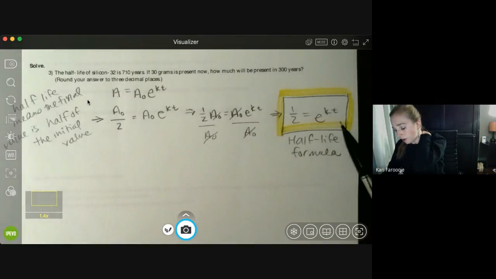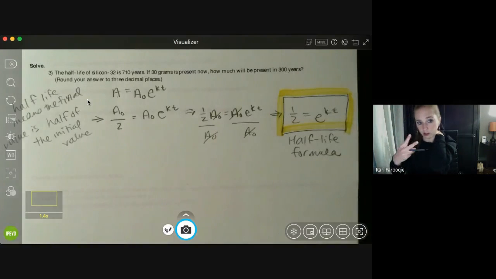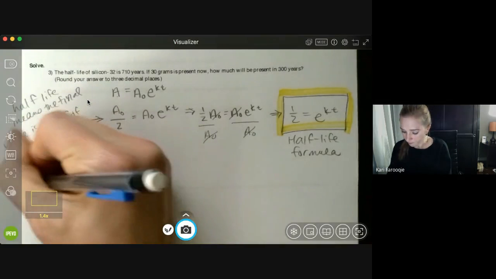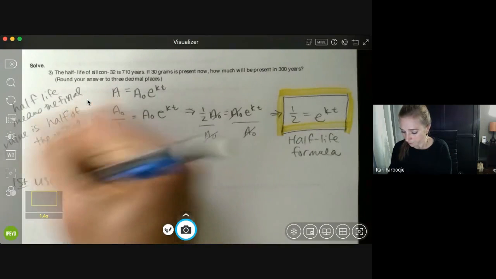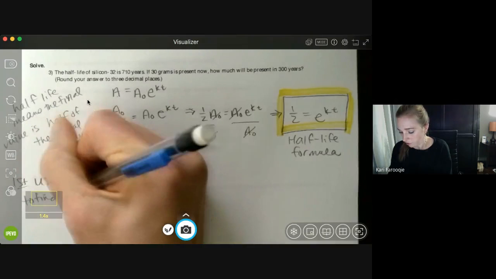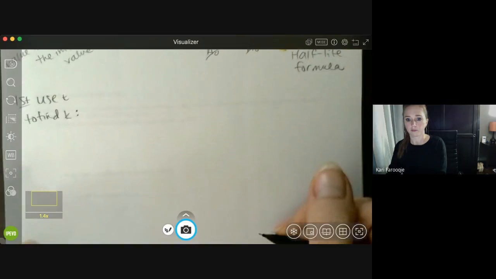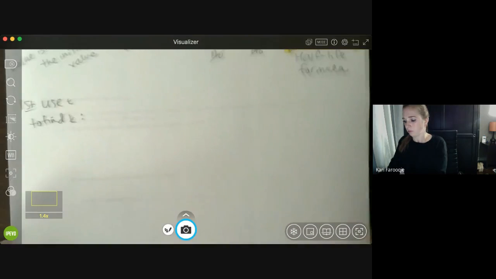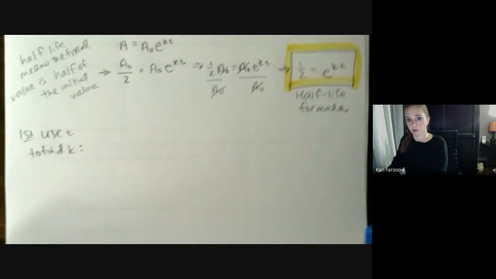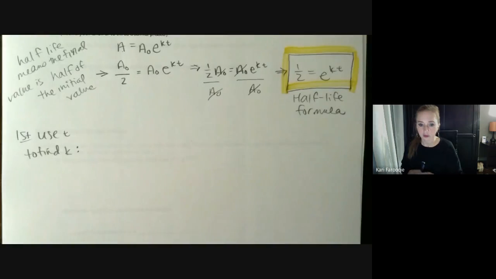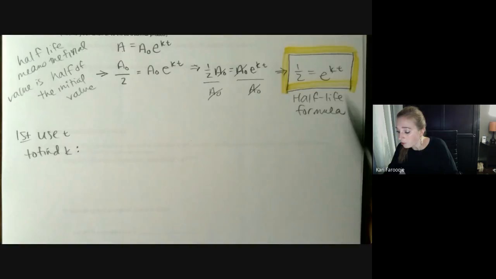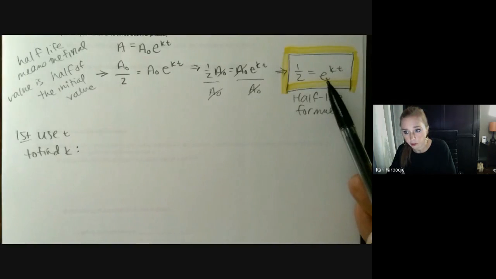So what you're going to have to do is 2 things. The first thing is you're going to use t to find k. Once we find k, we can get a general formula for silicon-32, and then we can talk about any value of t that we'd like.